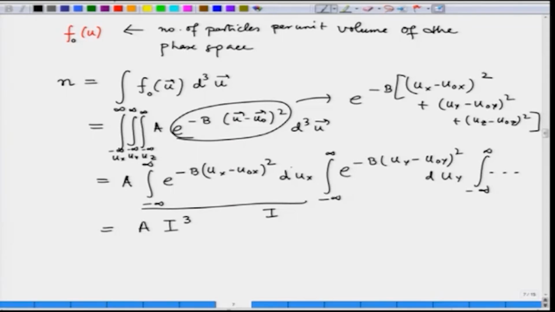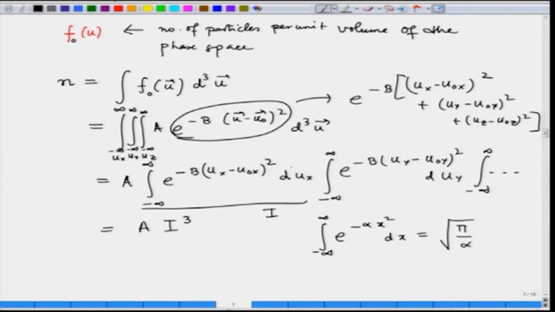Now what is this and how to calculate this type of thing? One can show that if you have an integration like e to the minus alpha x square dx, that will simply be root over pi by alpha. This I leave for you as an exercise; it is a very nice home task.